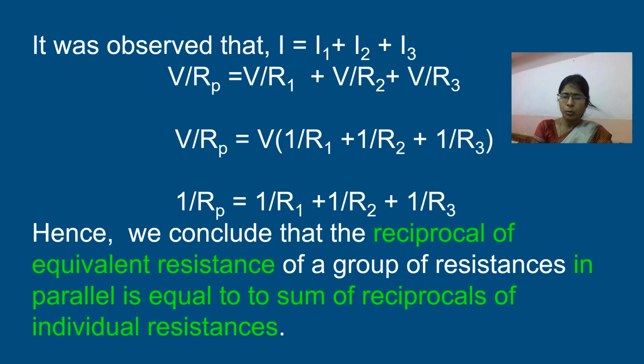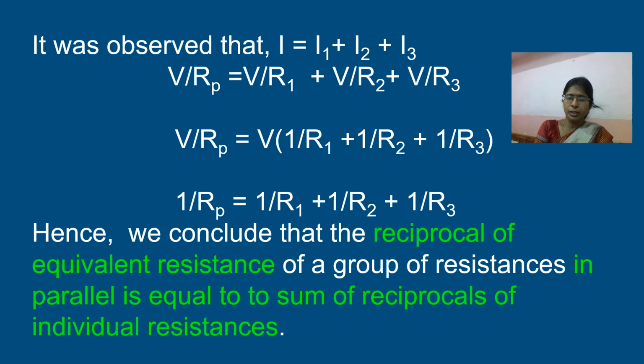So applying Ohm's law, that is V is equal to IR, I is equal to V by R. So I across the circuit is equal to V by Rp, and I1 is equal to V by R1, I2 is equal to V by R2, I3 is equal to V by R3.